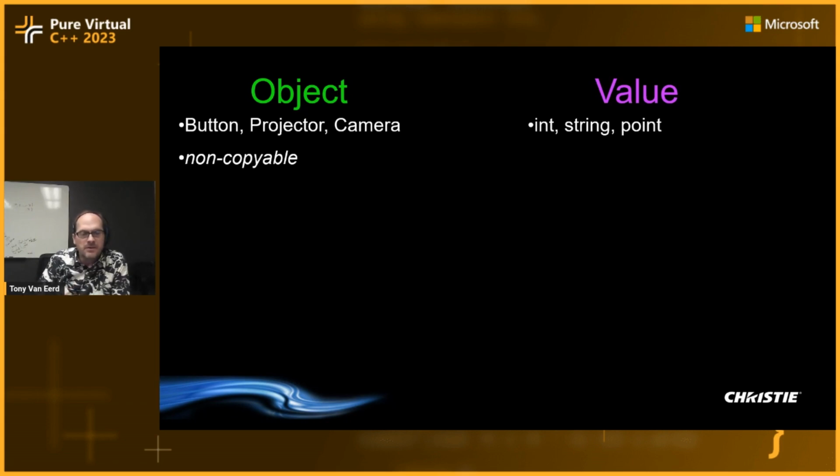I don't think buttons usually are passed by value. A lot of things you don't want to be copying. Typically, if you have objects in an object-oriented hierarchy, you're not making copies. Sometimes, but not usually. Whereas values tend to be copyable, or movable as an optimization of copyable.